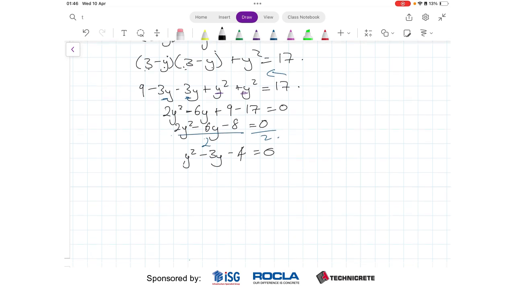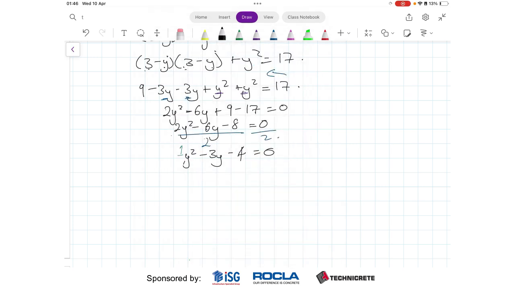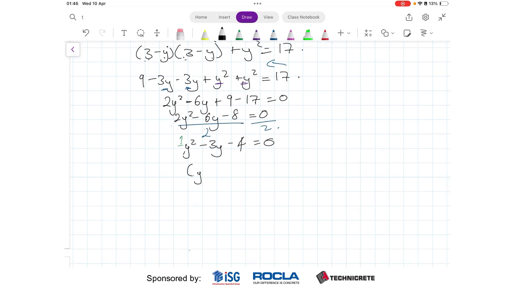Now, you ask yourself again, remember that there is a coefficient of 1 there, what factors of 4 will return negative 3? Obviously that's going to be a negative 4 and a positive 1. Thus you have y minus 4, y plus 1, which is equal to 0. Your y will then be equal to 4, or your y will be equal to 1.